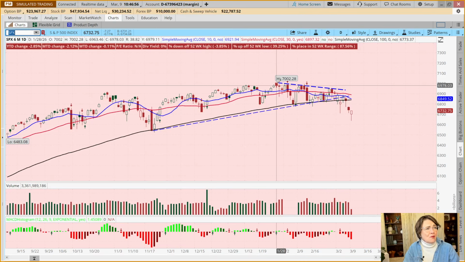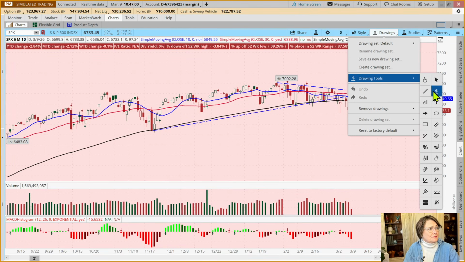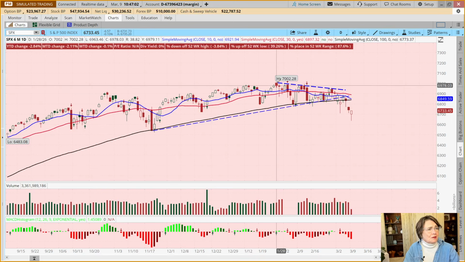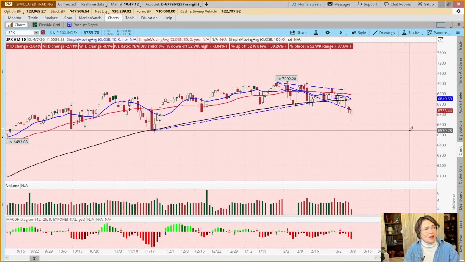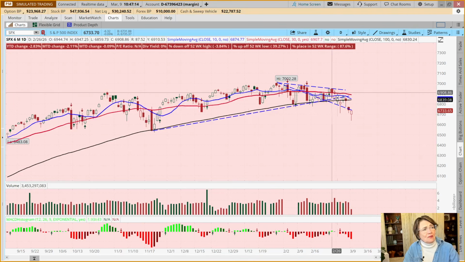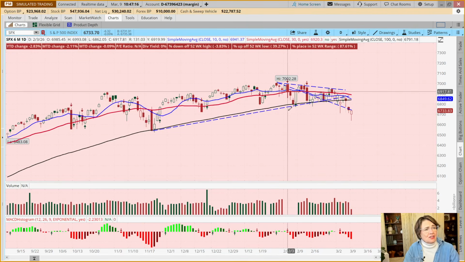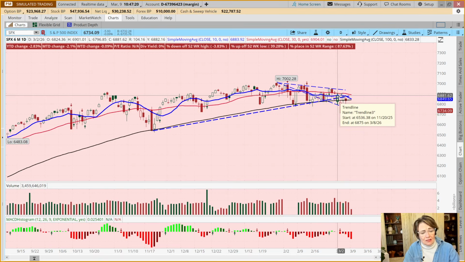From our high here, it feels bad, but really we're down only 4% off the highs. But we have a breach of the 100-day moving average, and certainly a breach of this diagonal support line. And so that has a lot of people worried.